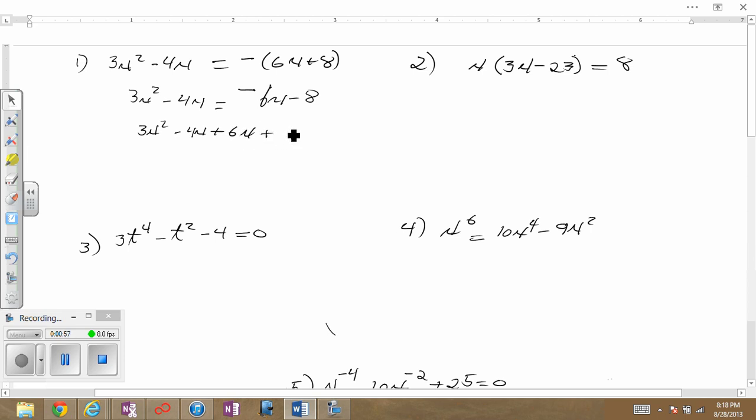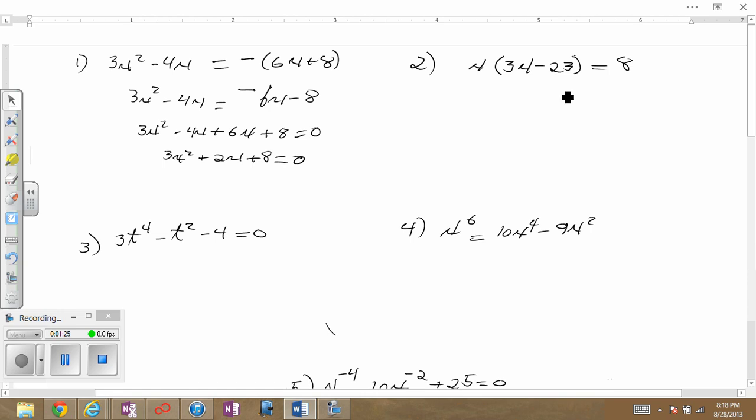And of course, we should pull over the 8 because we want this thing set equal to 0, and we can factor it. All right, so we got 3x squared plus 2x plus 8 equaling 0. And now that's ready to factor. And I'm going to leave that for you to factor and solve the solutions because it's really no different than what we did in the previous exercises.